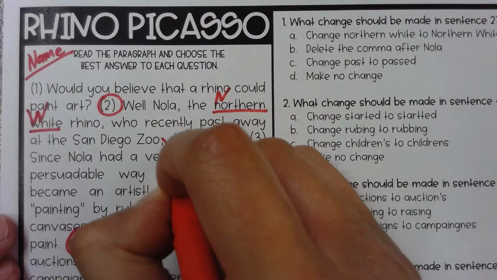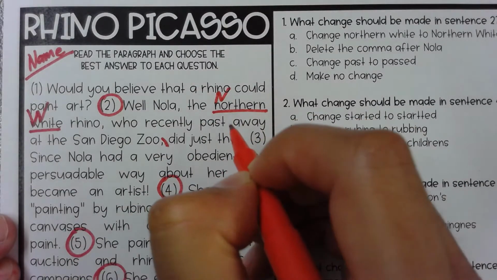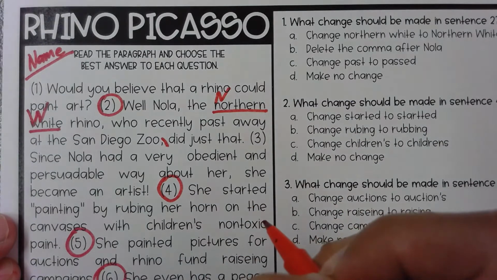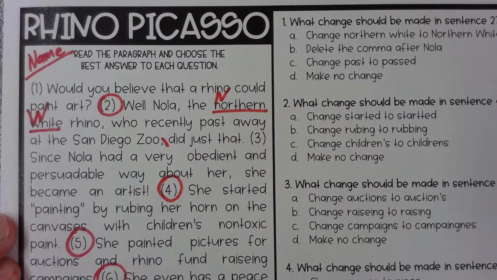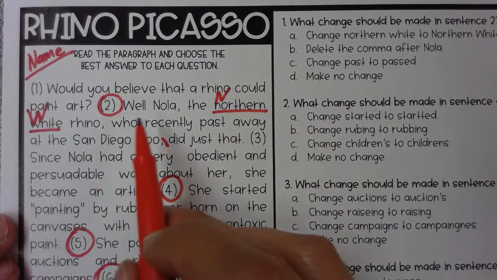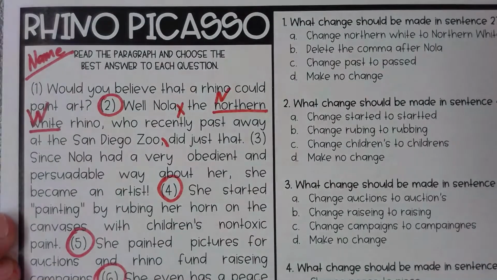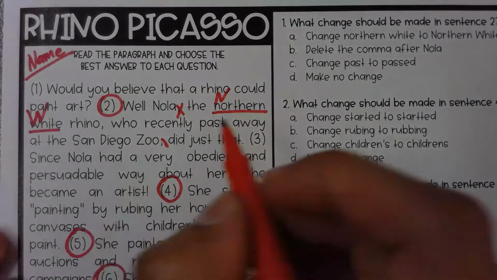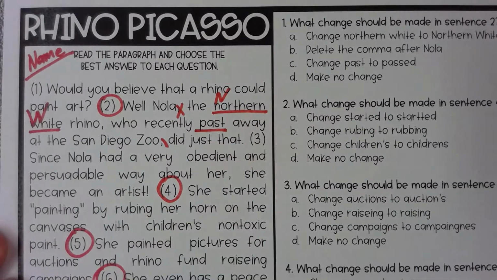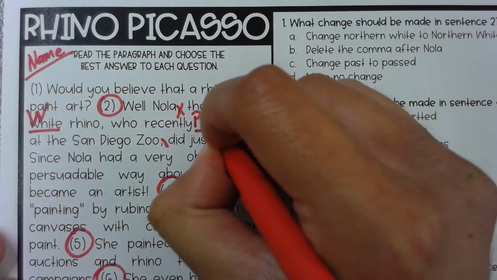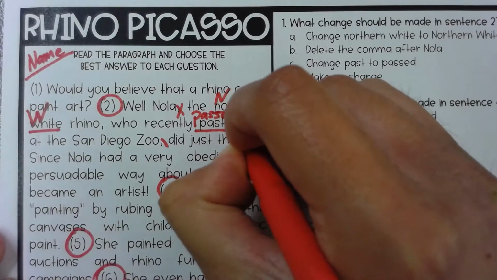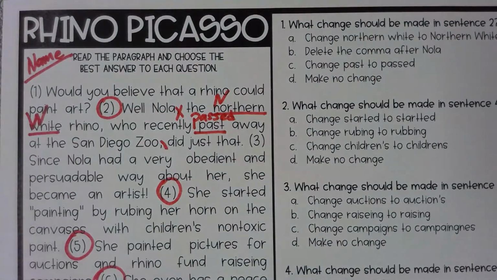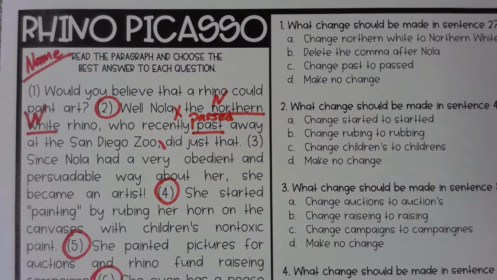So delete that comma right here. C, change past to past. So I'm going to underline past. Above it, I'm going to write past, changing the spelling of that word. And D says make no change.